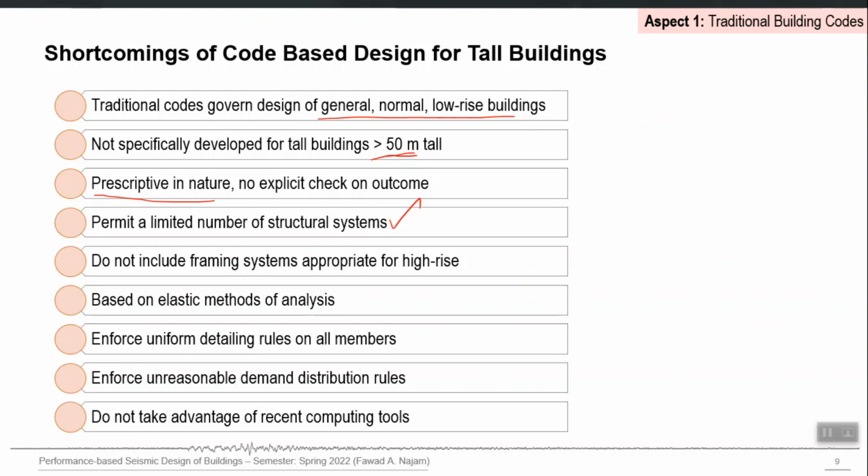Their safety provisions, precautions, rules and limits are not prescribed by the traditional building codes, and the reason is that they are meant primarily for low-rise buildings. So they do not cover these innovative shapes, forms and structural systems. They do not include framing systems appropriate for high-rise construction.